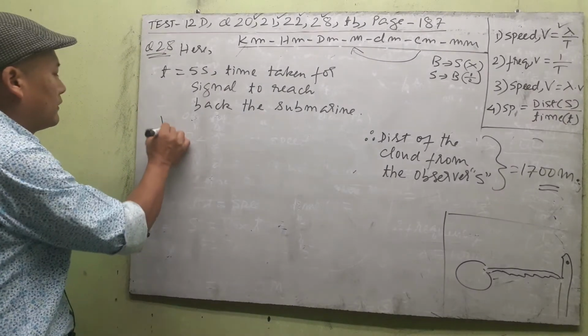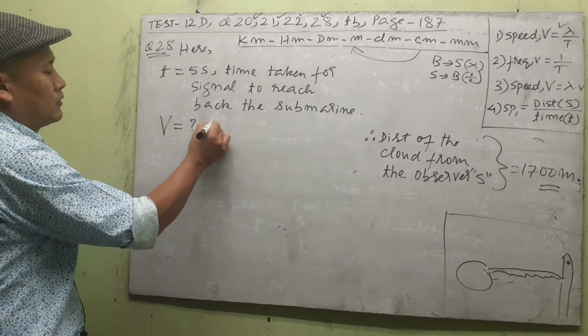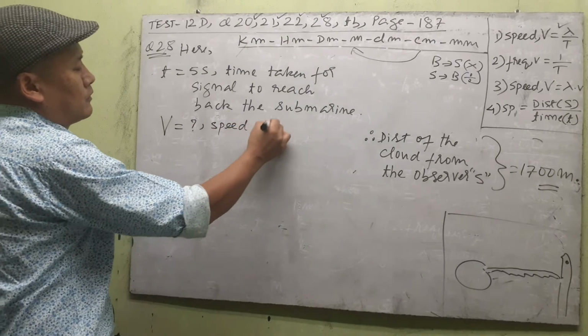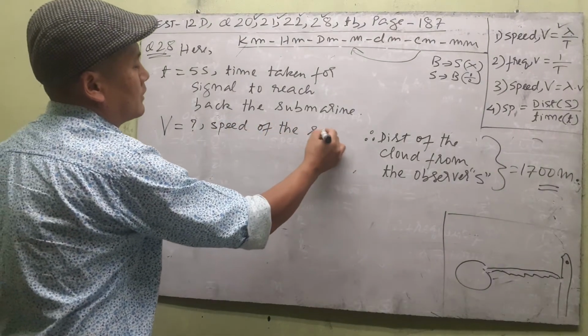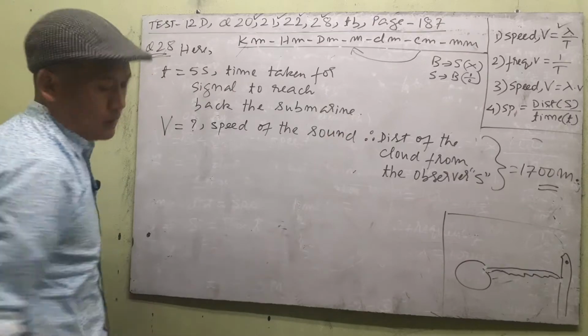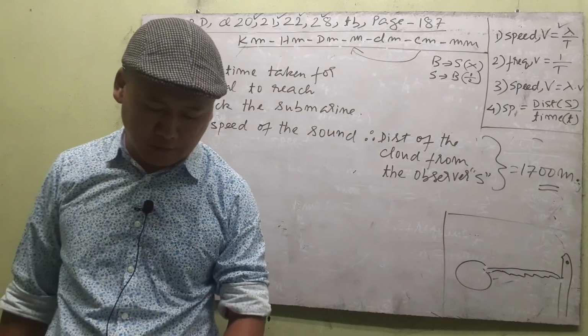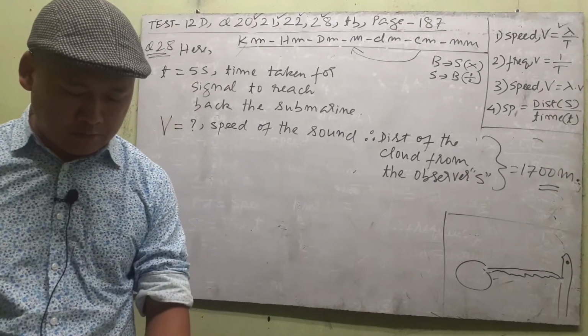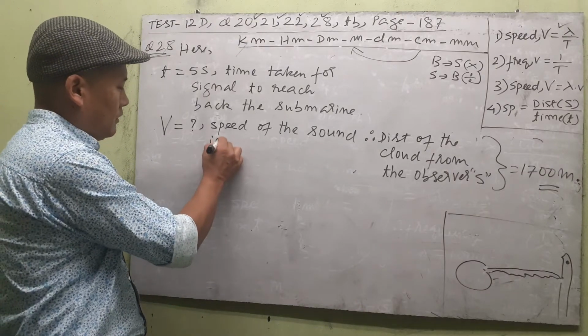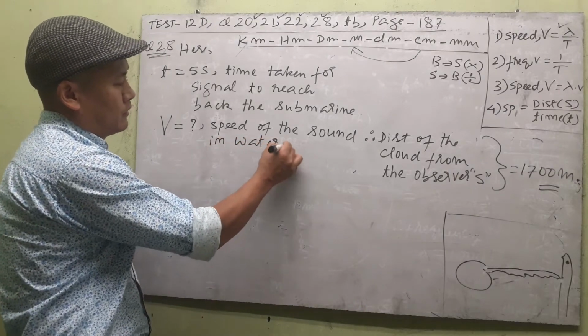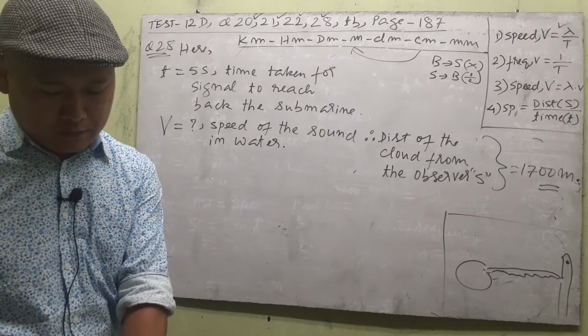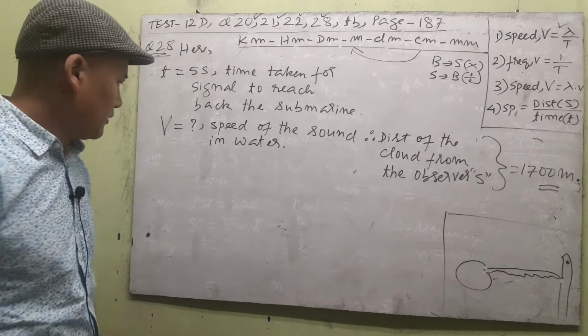So speed is denoted by V here, so we don't know. Speed of the sound means the signal here. Okay, so calculate the speed of the sound in water. Okay, sound in water, that is what we have to calculate. If the distance of the object from the submarine is 3250.